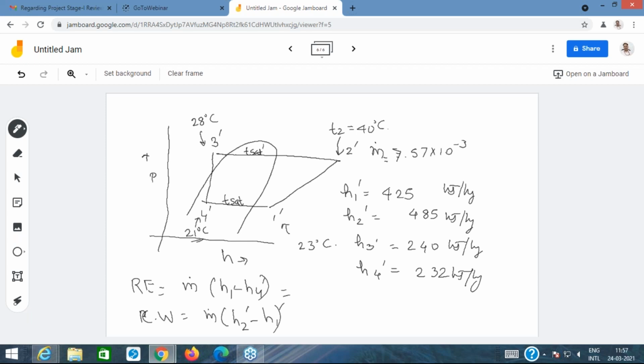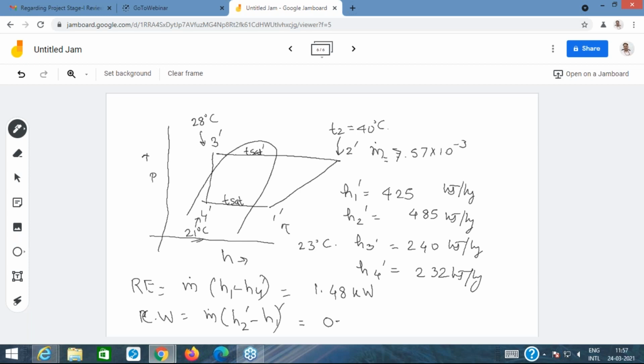If you do these calculations, the answer which I have is approximately 1.48. This refrigerating effect has increased. Earlier it was 1 kilowatt, but because of suction superheating, you get a different value over here. The power consumption is 0.4602.